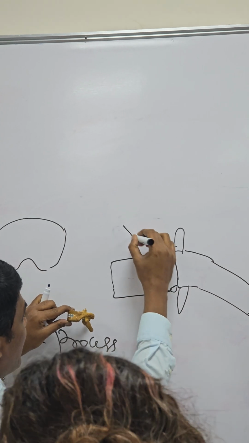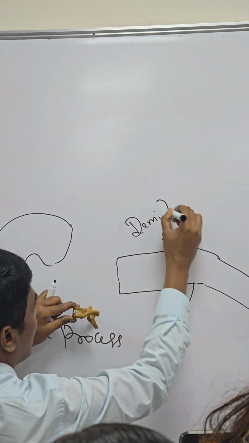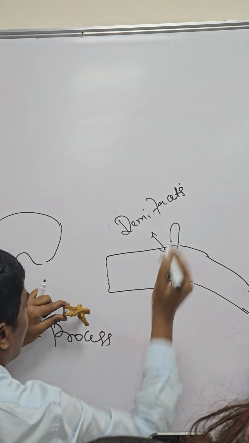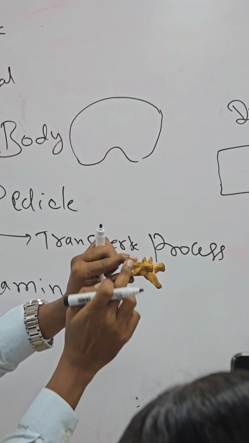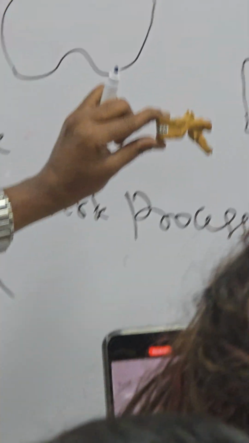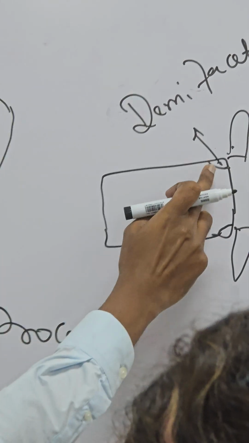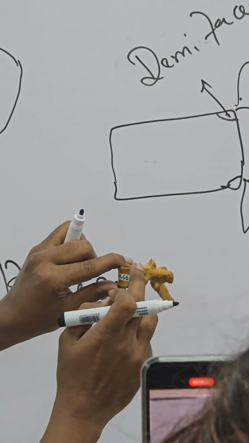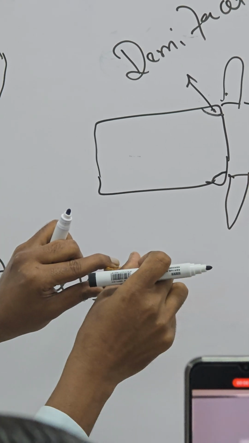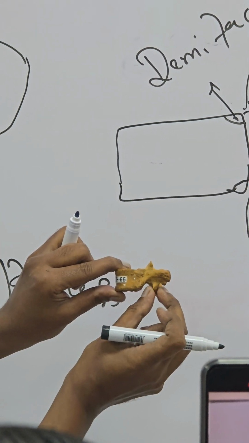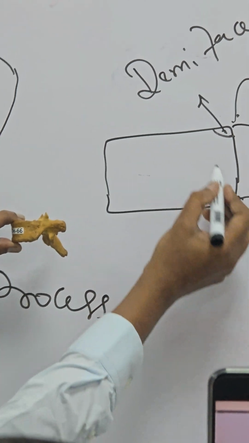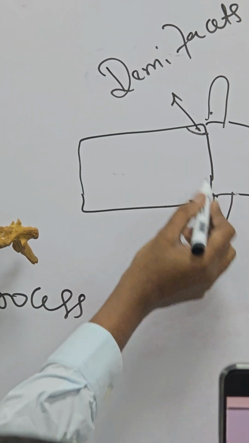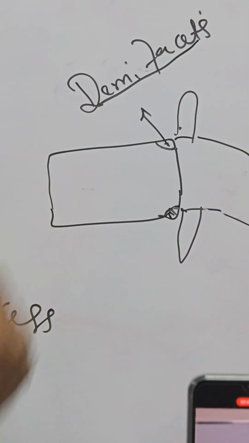These are called demifacets. You have to observe them superiorly and inferiorly. On the posterior aspect of the body, just in front of the superior and inferior articular facets, you are going to see two important half facets, which are called demifacets.